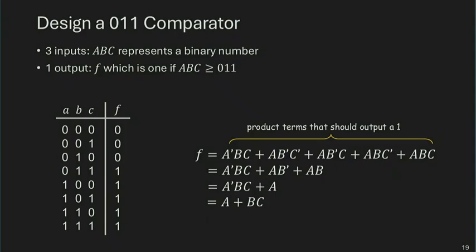To represent this function, the beginning point would be you pick up all these conditions that produce a 1 and then describe them in terms of some product terms. So f will produce an output of 1 if your input is 0, 1, 1, so A prime B C, or your input is 1, 0, 0, A B prime C prime, or it's 1, 0, 1, A B prime C, etc., etc.